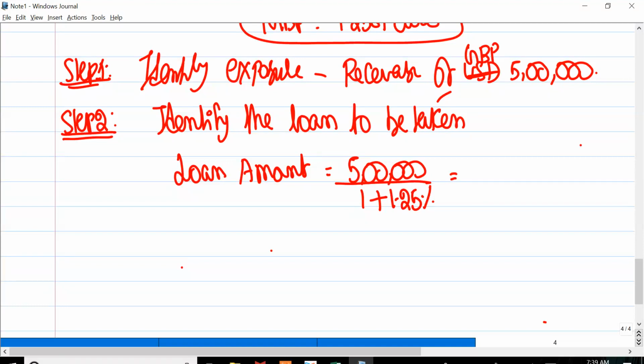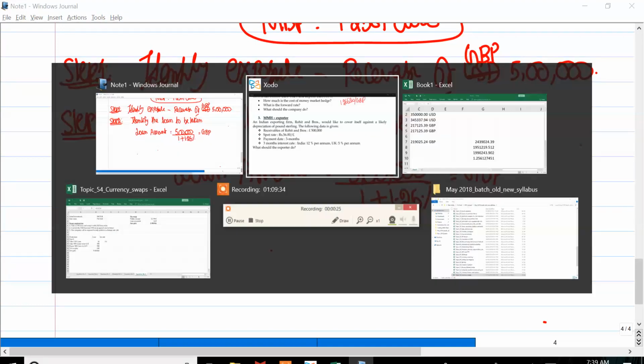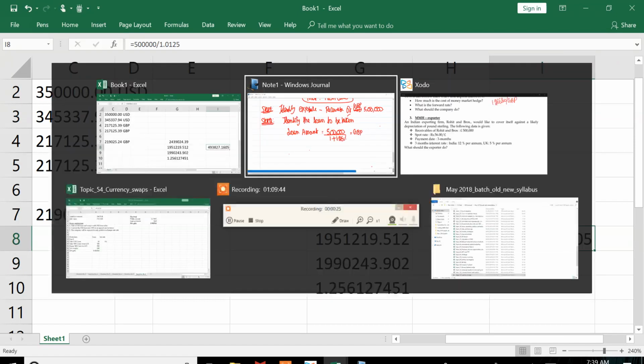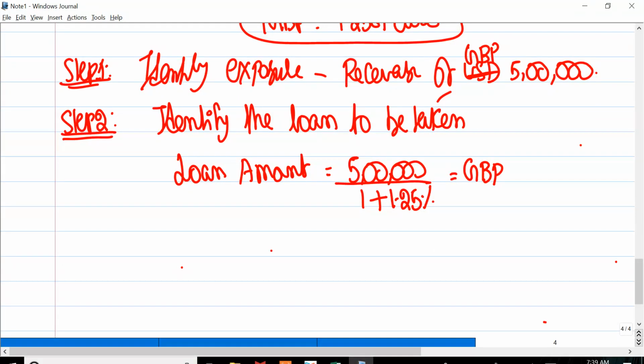The loan amount is 4,93,827.16. This is the amount of loan which we are going to take.